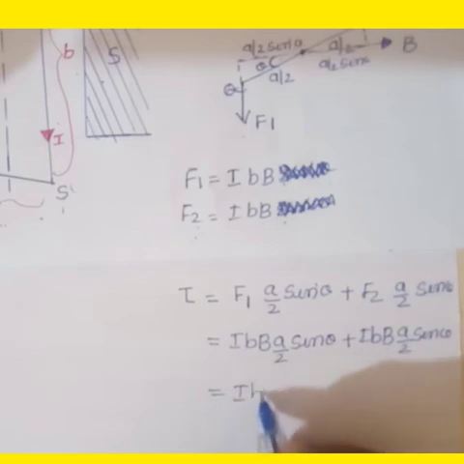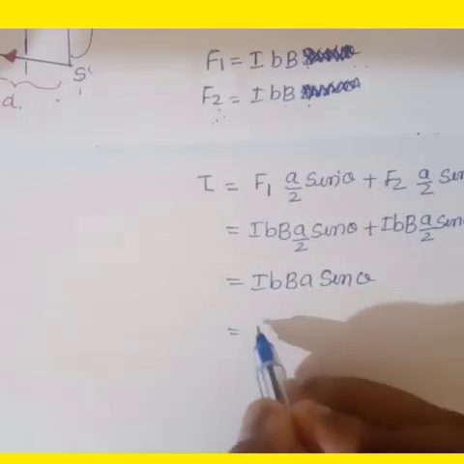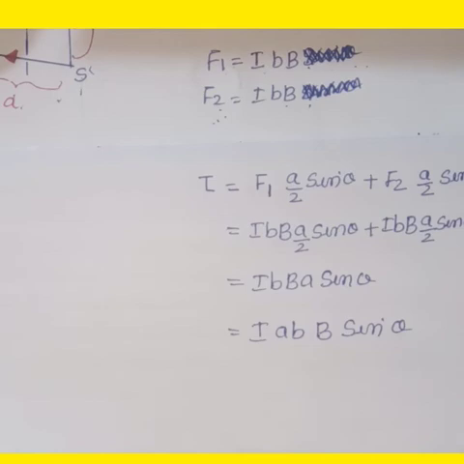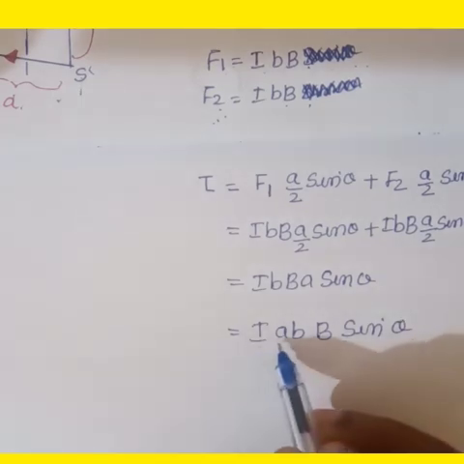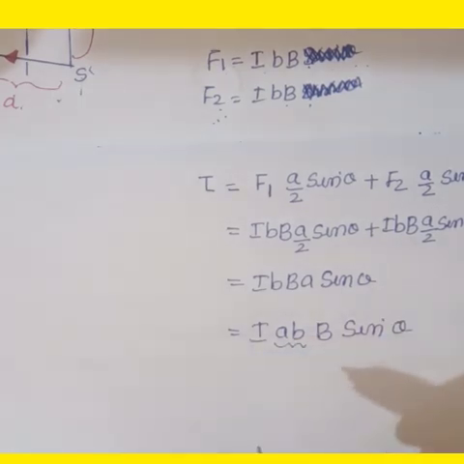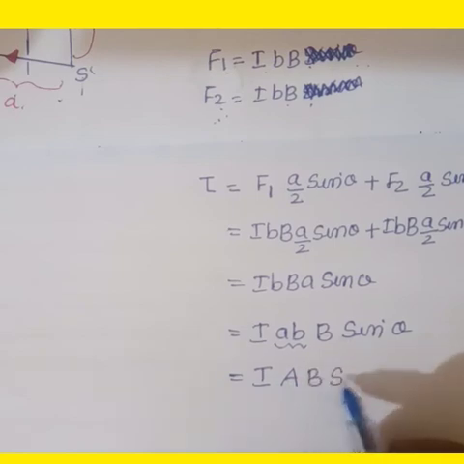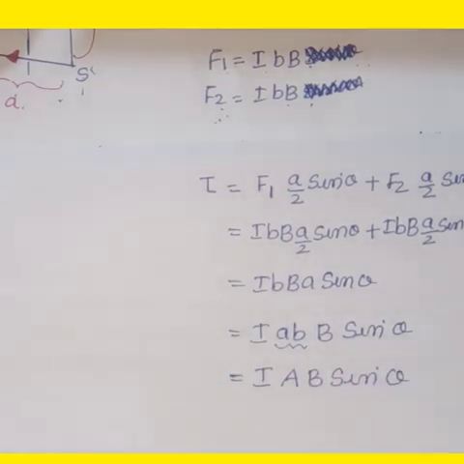So I b a sin theta, which can be rewritten as I into a b sin theta. Here a into b is the area of this rectangular loop, so it can be written as I into A, capital A, sin theta, where A is the area of the loop. It is I into AB sin theta.